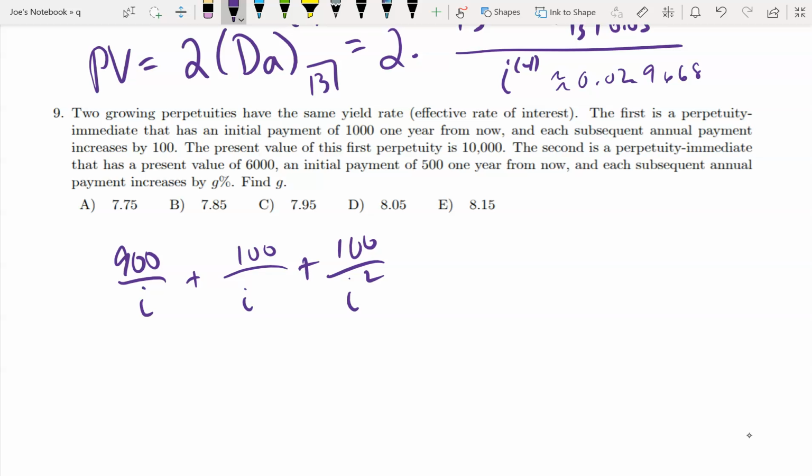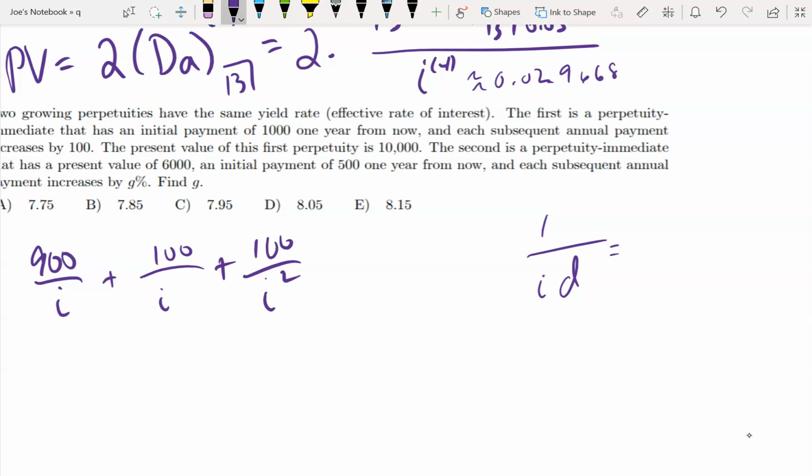Can you explain what that was? No, let's write it as 1. So D is the same thing as I over I plus 1. And then invert and multiply.